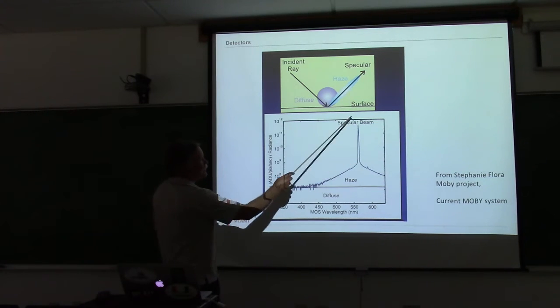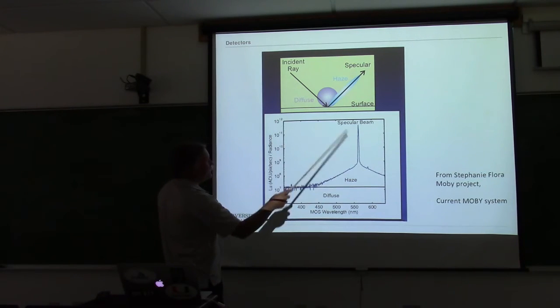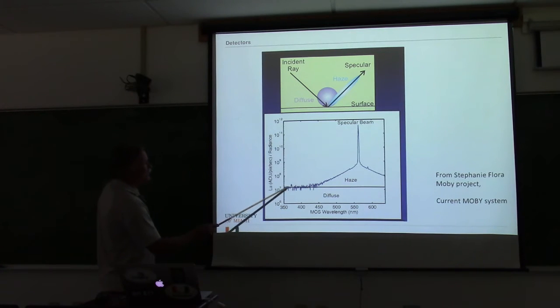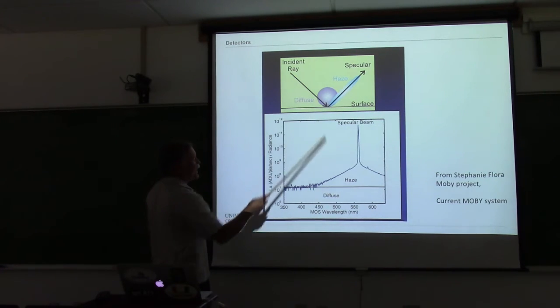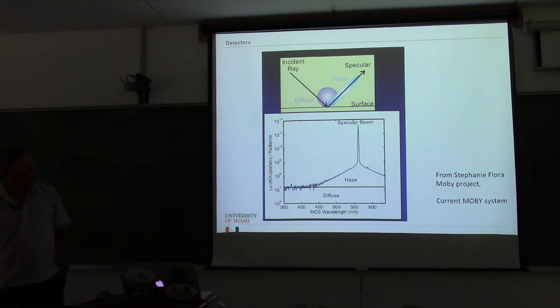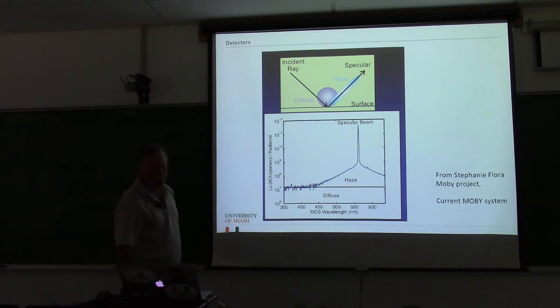So you'd like it to be a delta function here at the one wavelength of light that you sent in. This is a laser coming in at that one wavelength. So you get this haze around there, and then you get this additional part of sort of a diffuse scattering off the grating. So pretty much all grating spectrometers have this to greater or lesser extent, and you have to characterize it.